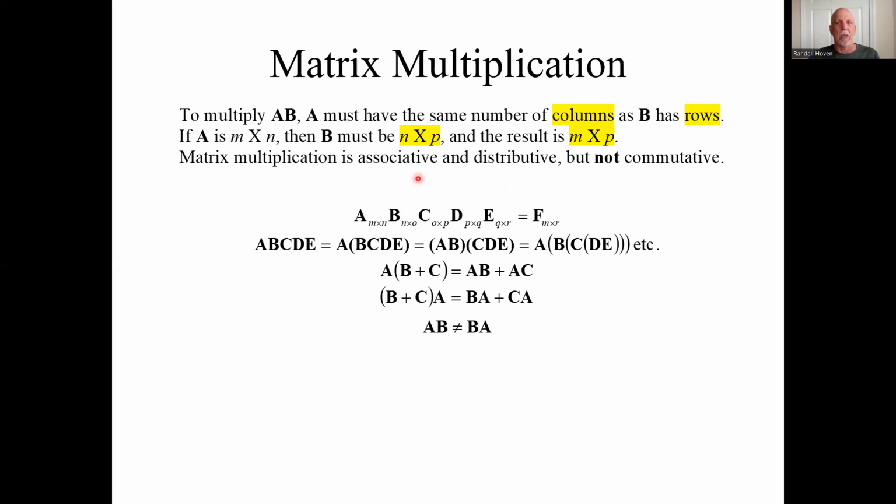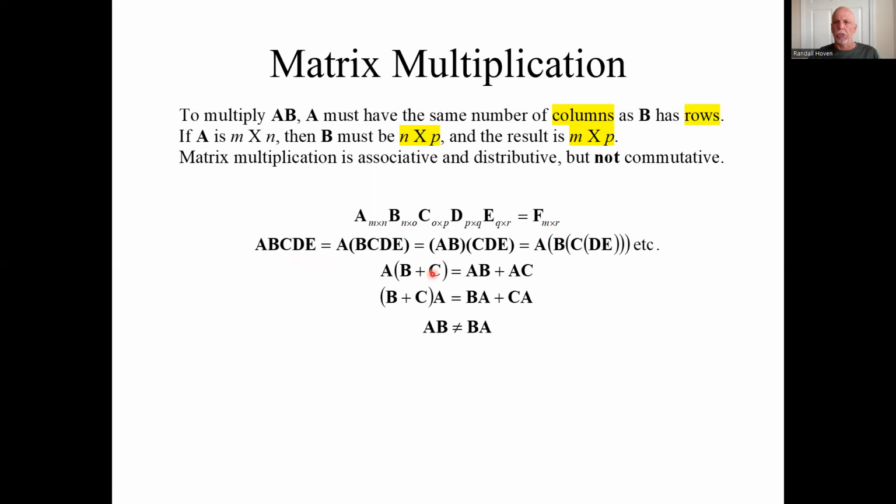In this case, M by P. And I could do that to a whole list of things. Say each one of these, I have their sizes here. See, these inner numbers always have to match. Otherwise, you can't multiply those. And the end result will be M by R. First thing and the last thing.